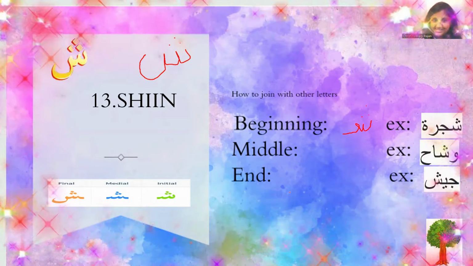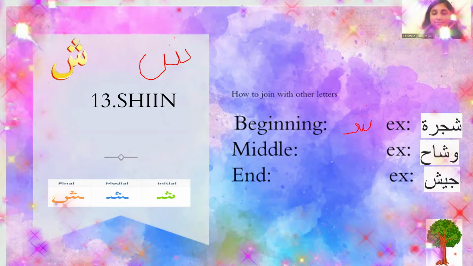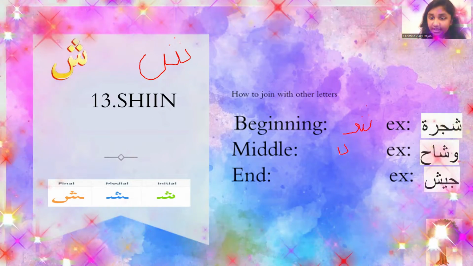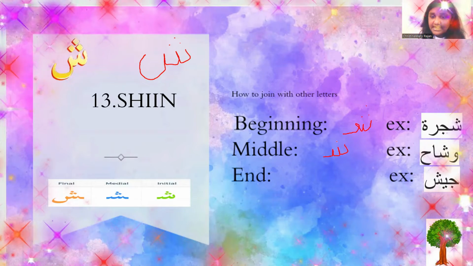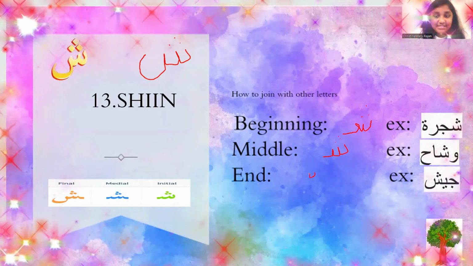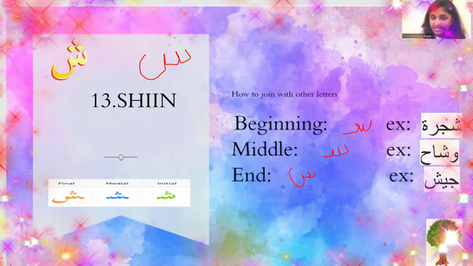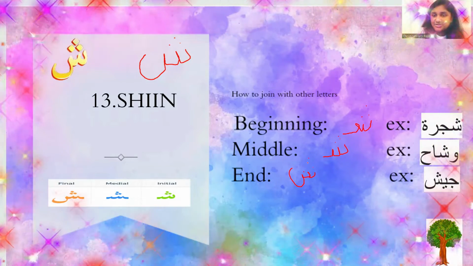Obviously, they're twins, so they can't be different. In the middle, we'll do the same thing, and at the end, but don't forget it's 3 dots. That's its special mark. So don't forget about that. 1, 2, 3.